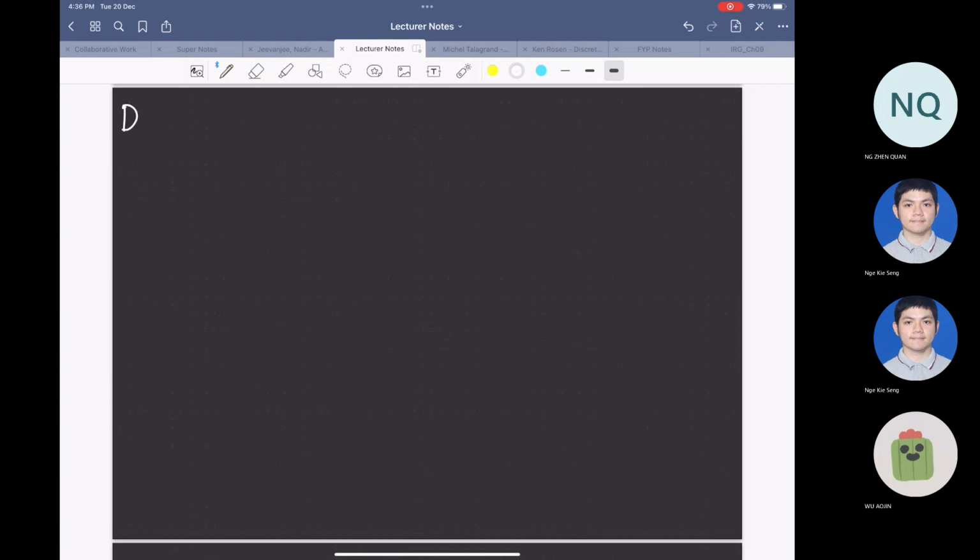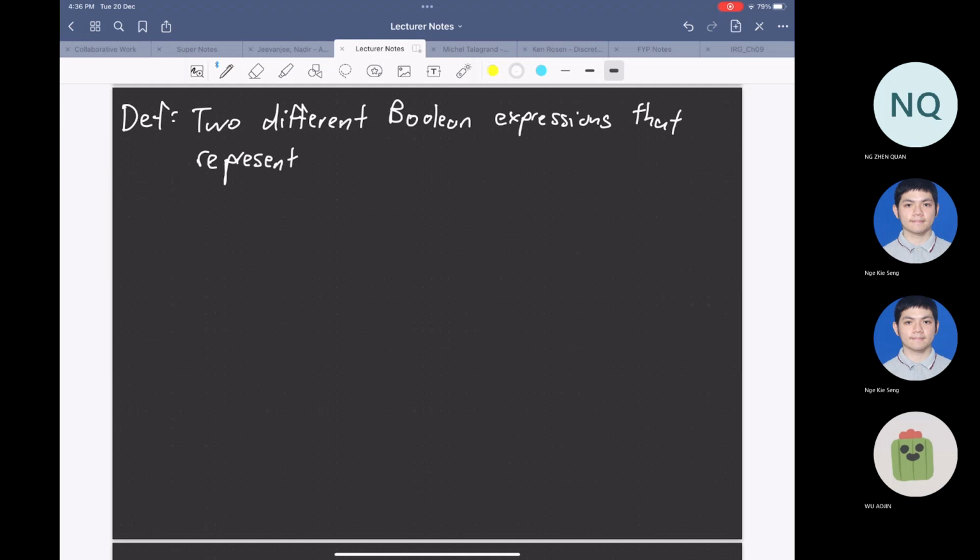how about two equivalent Boolean expressions? If two different Boolean expressions represent the same function, then we will say that they are equal, equivalent.